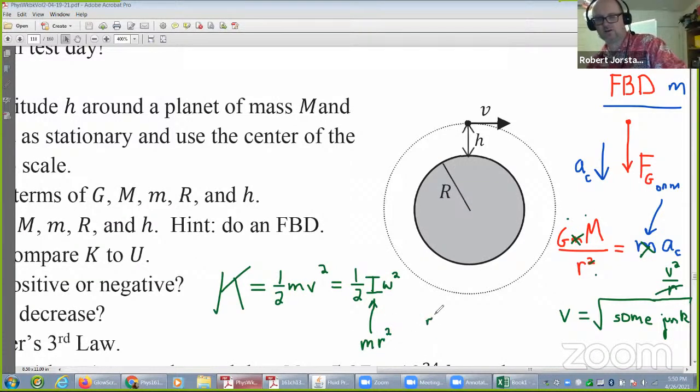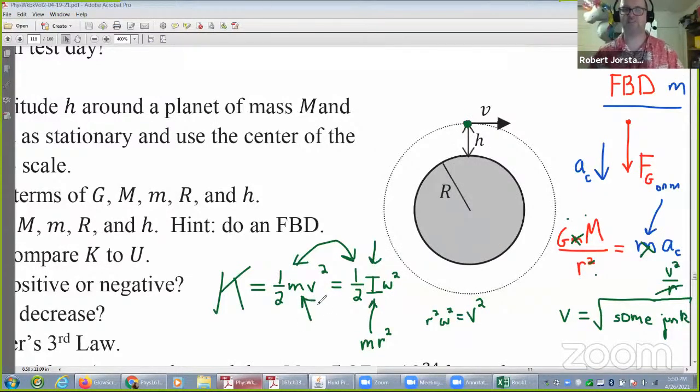But notice r squared omega squared is going to give you back v squared. So if the object is a point mass, you could use either one of these two. That was something I alluded to in chapter 10 and 11. Because the satellite is so tiny compared to this thing, you could treat it as a point mass. And then the moment of inertia for the point mass reduces back to translational kinetic energy. So you could use either, but you don't use both. All right.